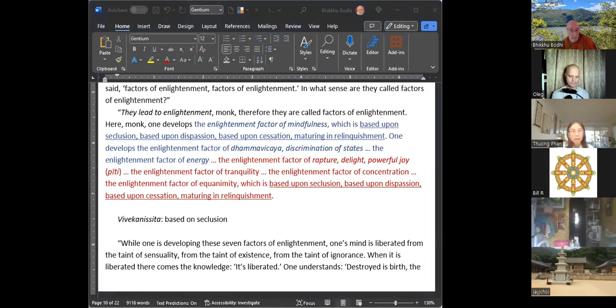nisita. The commentaries sometimes explain this term, seclusion, by distinguishing three kinds of seclusion. The first of these is called kaya viveka, which means seclusion of body or physical seclusion. So the ideal to get bodily seclusion is to go off into solitude, into a little hut, or in the old days, to sit at the foot of a tree.